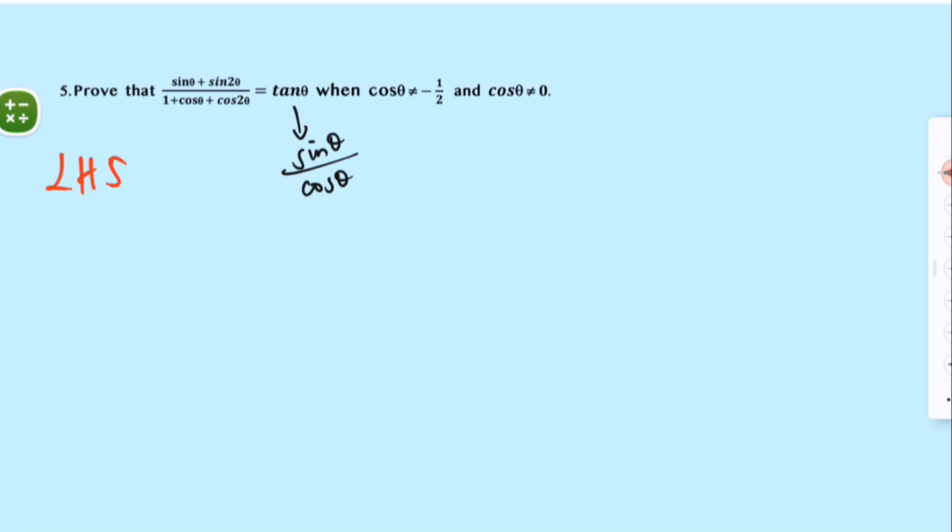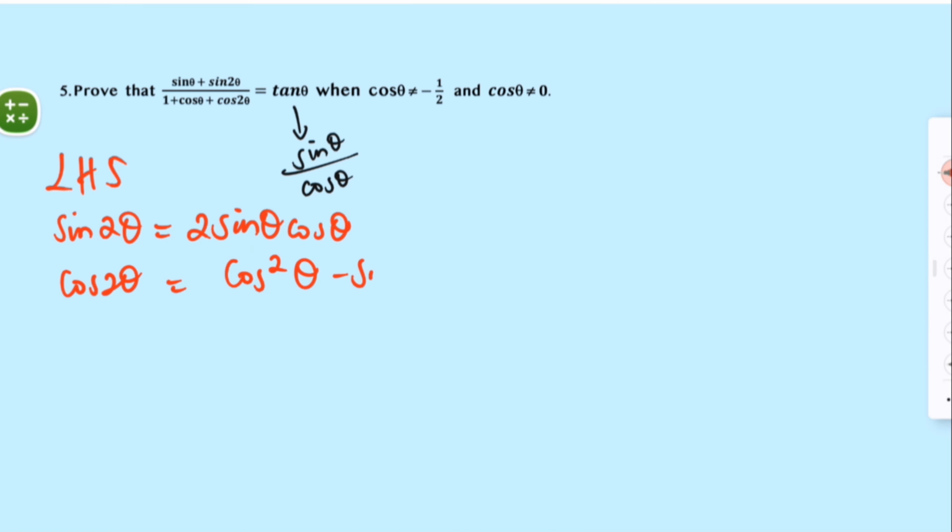There we have some trigonometric identities. So let's start with the first one. Sine 2 theta, which is the same as 2 sine theta cos theta. You can check your formula booklet for these trigonometric identities. Then we also have cos 2 theta in the bottom, which would be cos square theta minus sine square theta.